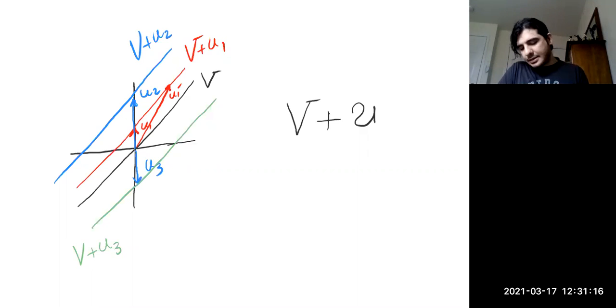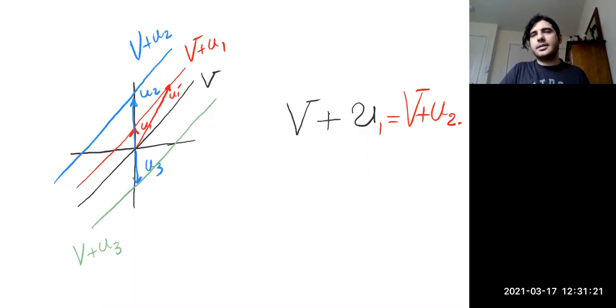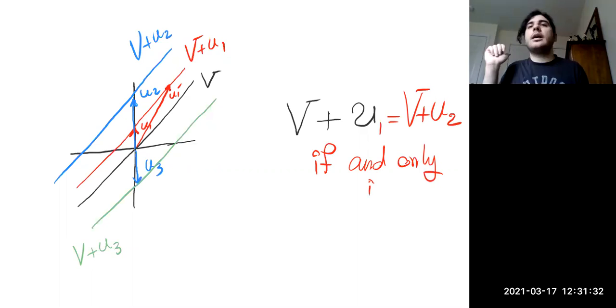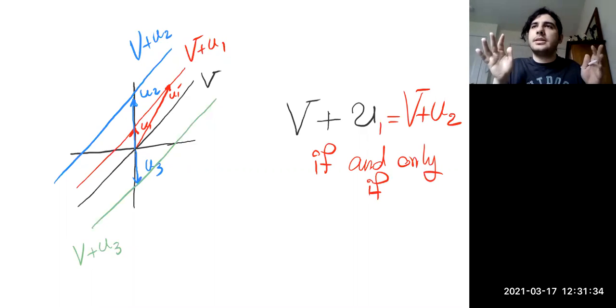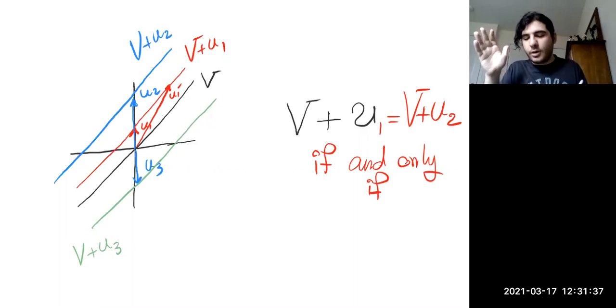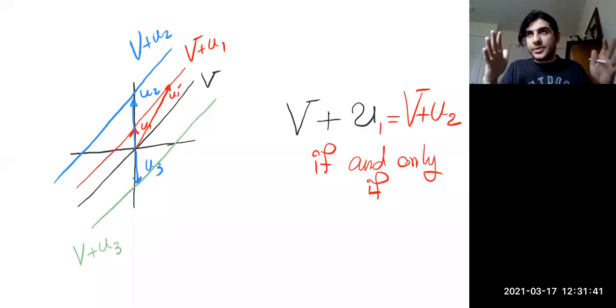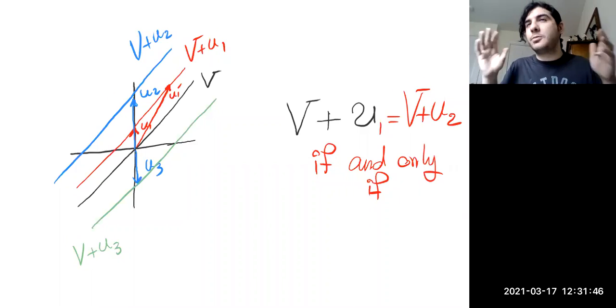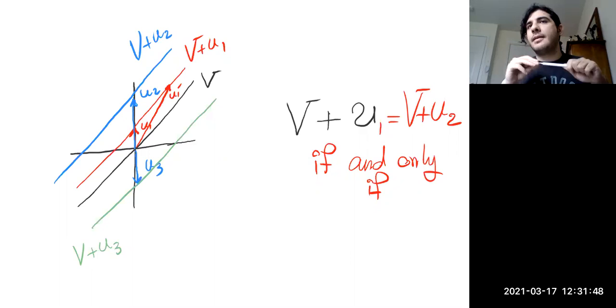So for any U1 and U2, not necessarily the ones in my drawing, they give us the same affine space if and only if, can you guess? What is the condition on these two vectors, U1 and U2, such that if I move the subspace V using these two different vectors, I would end up with the same affine space?